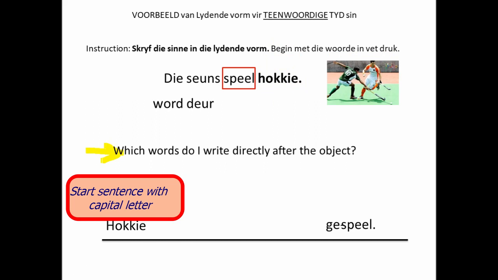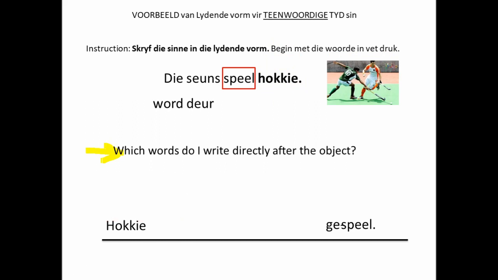Which words do I write directly after the object? Remember, hockey is the object and we're swapping the object and the subject. So which words do I write directly after this object? Word deur. Yes, you see, I'm applying the rules.